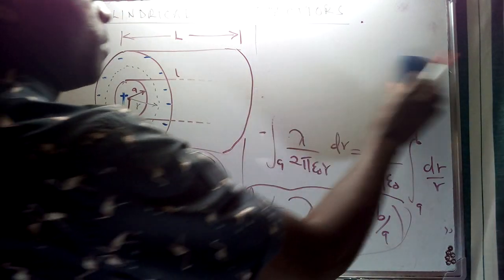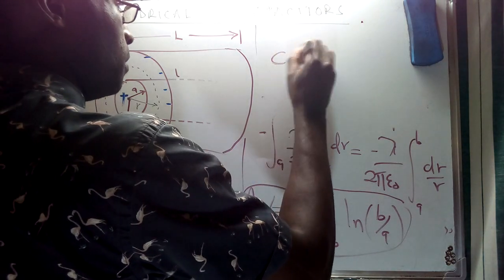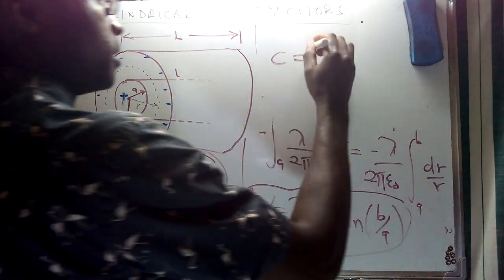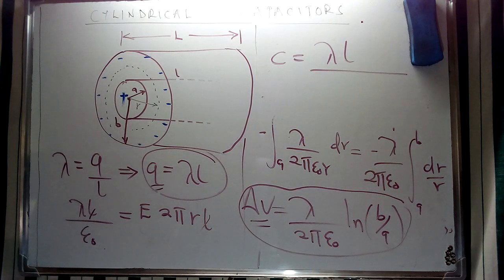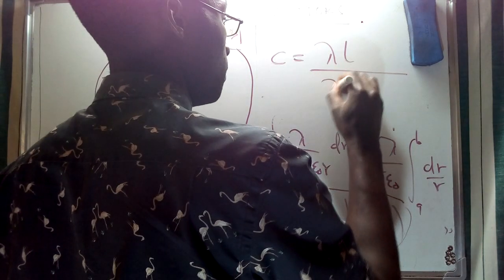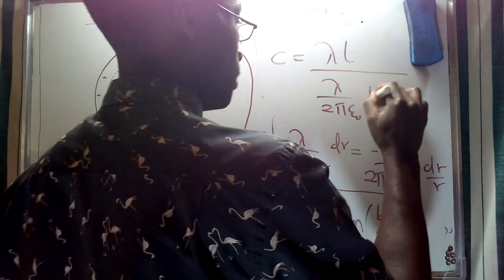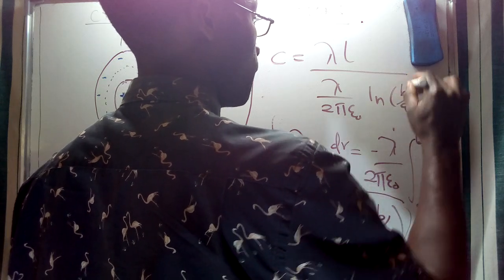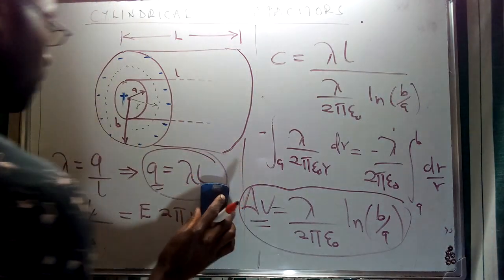So the capacitance is Q, which is lambda L, all over the potential difference, which is lambda over 2 pi epsilon naught times the natural log of B over A.